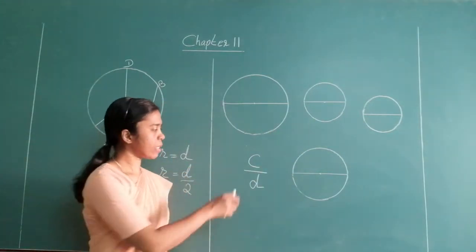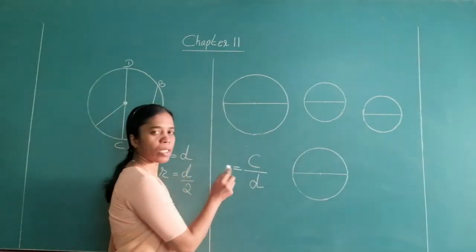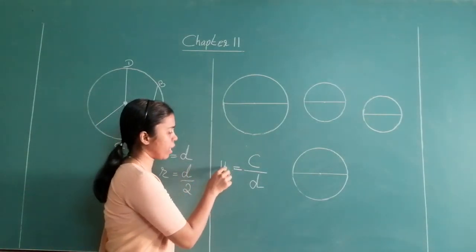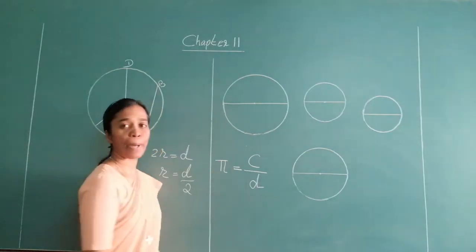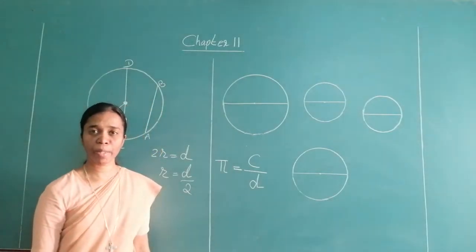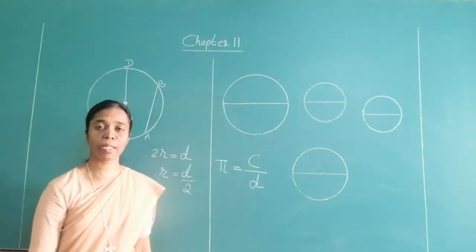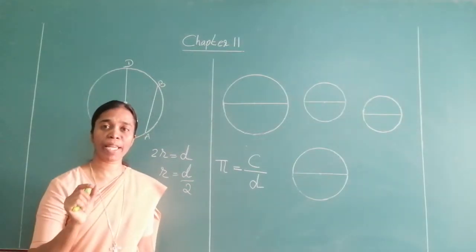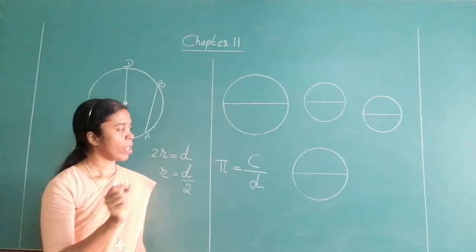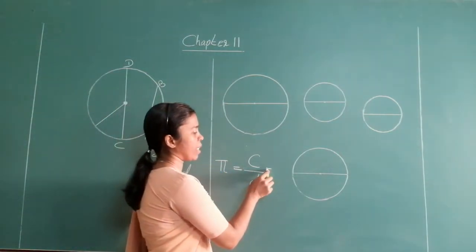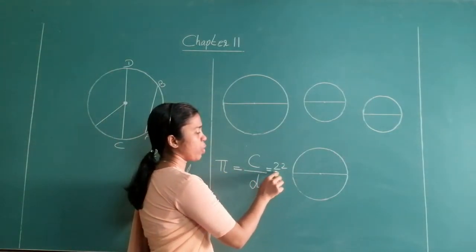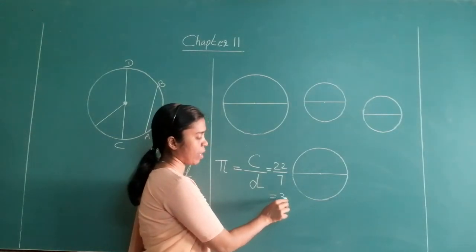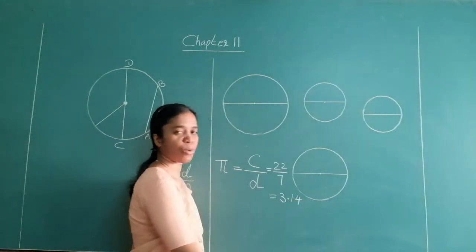And this constant is denoted by a Greek letter called pi. It is denoted by a Greek letter pi and that is constant for every circle. And that value is given as 22 upon 7 or is same as 3.14.